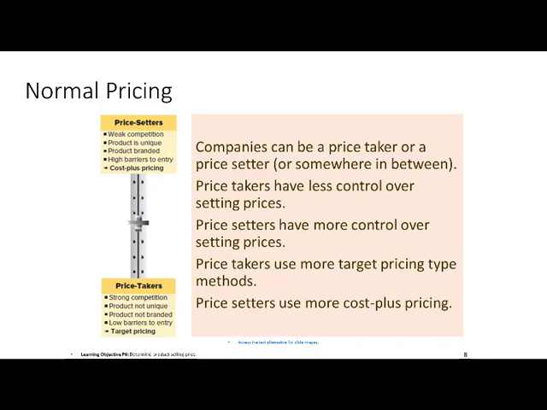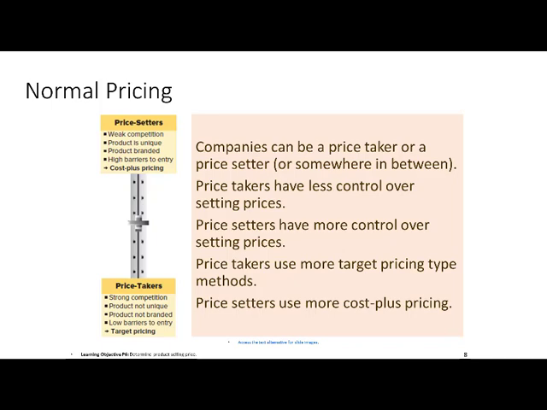As you'll see on the screen, companies can be price takers or price setters. Most of them fall somewhere in between this spectrum. The graphic that you see reflects this range and the characteristics of companies at the extremes. Price setters have more control over setting prices, whereas price takers have less control.